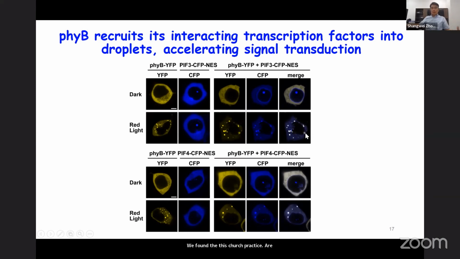So in these Phy foci, not only the Phy protein itself, but also other components in the signal transduction pathway, such as the transcription factors, also will be recruited, to constitute a high level of protein concentration in these droplets to accelerate the signal transduction.